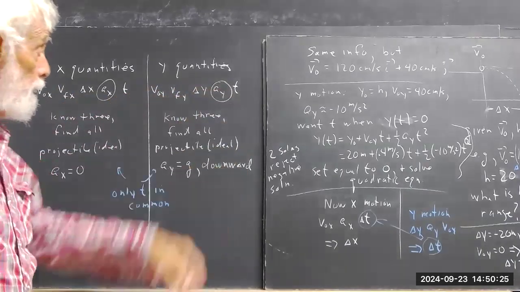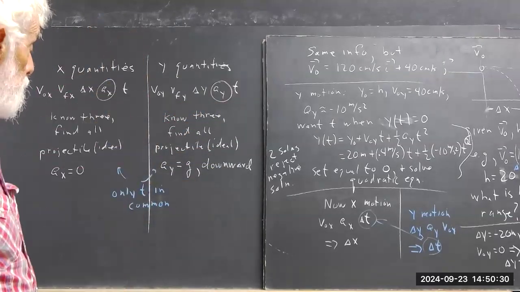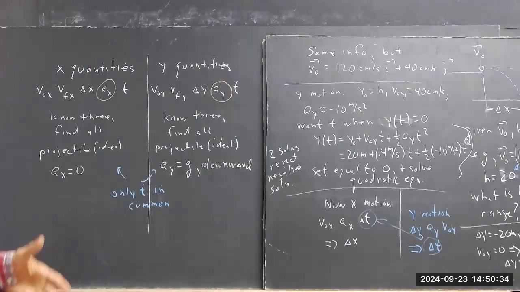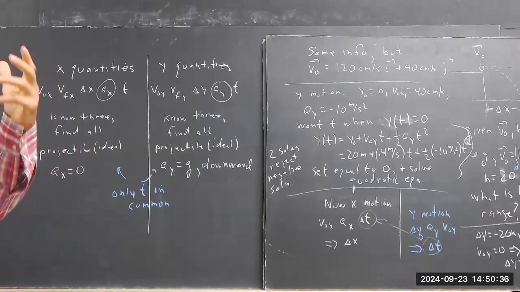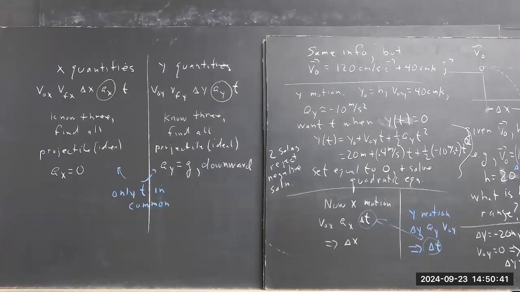Over here, you need only 2 more of these quantities to solve the Y motion. I already know this, any 2 of these, that tells you everything you need if you can reason it out and will use the equations. And preferably both.